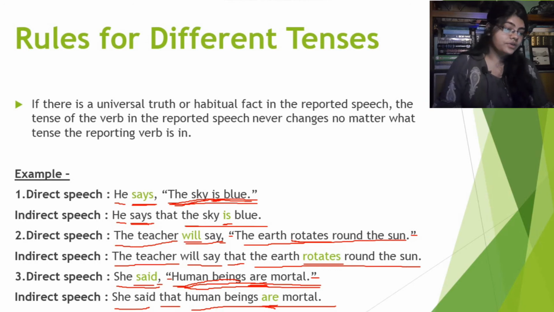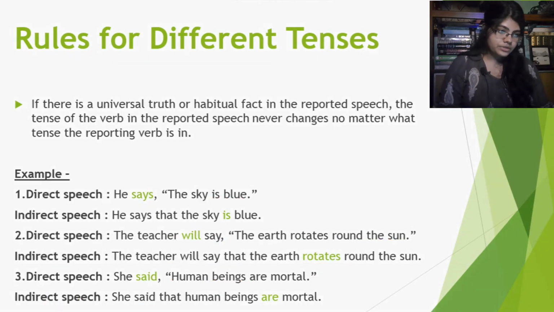That's why the verb of the reported speech does not change in the indirect speech, no matter in what tense the reporting verb is. See, the reporting verb is in the past tense here, but that doesn't change the fact that human beings are mortal is a universal truth. That's why we didn't change the verb here. Understand?